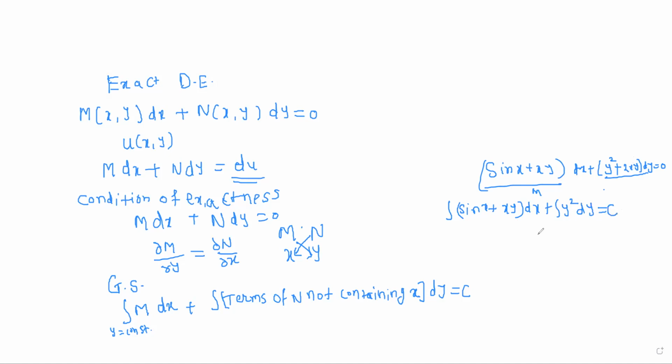And in this way, you can find the general solution of some exact differential equation. Obviously, this equation is not exact. I have just taken it as an example to show how to implement the formula. The same formula can be implemented in another way. Just replace M by N and x by y.